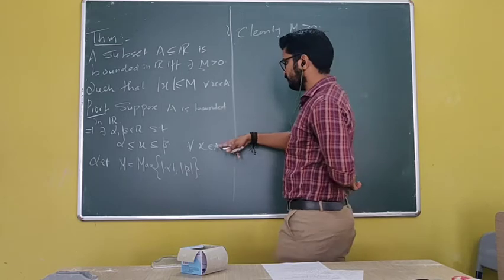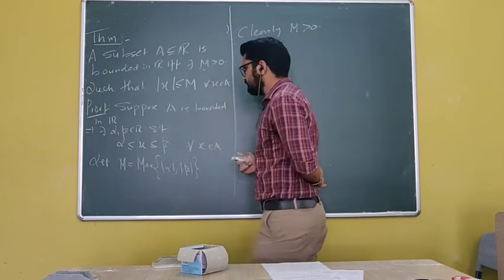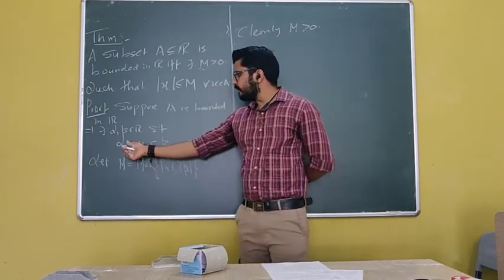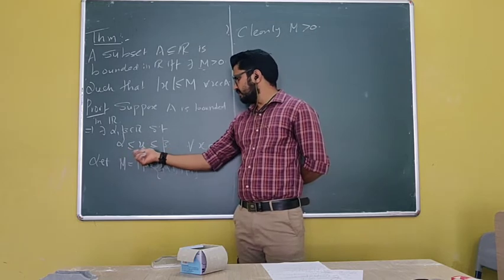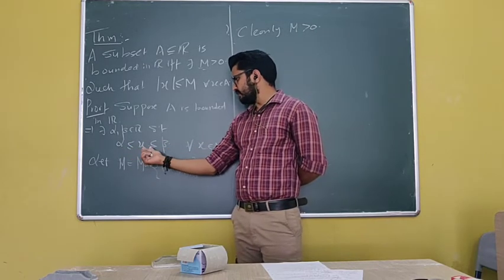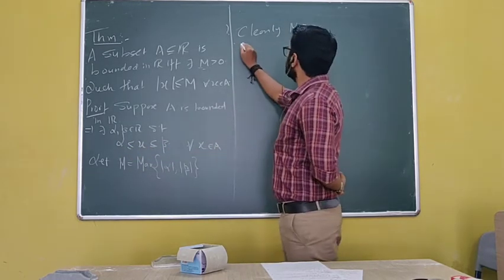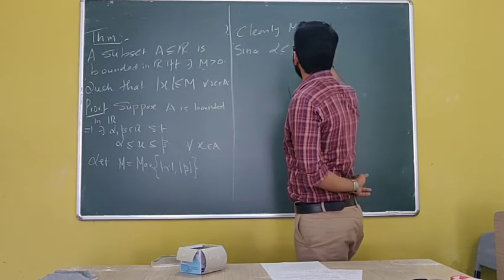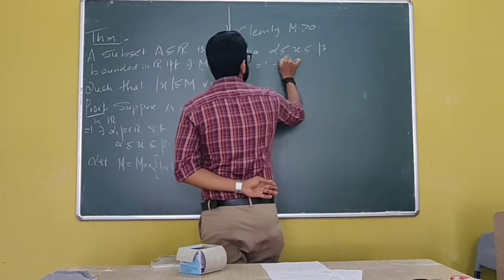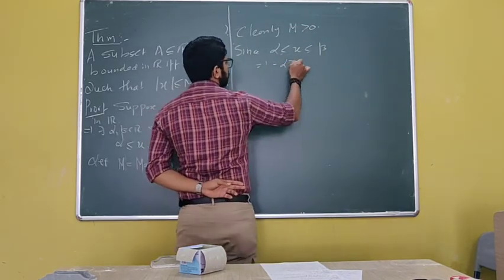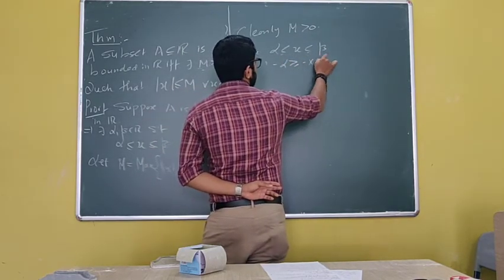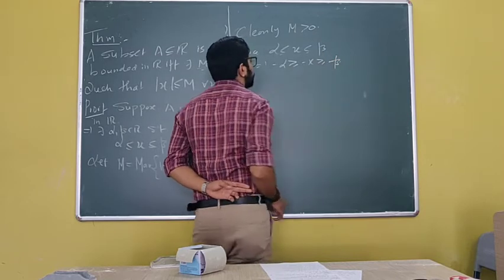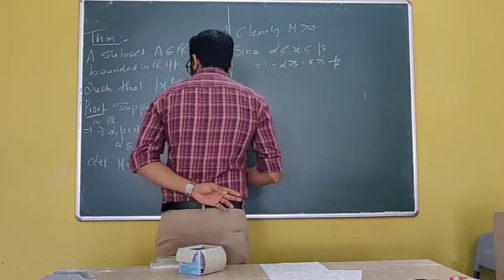Okay, first of all, let's consider this. If alpha is less than or equal to x, less than or equal to beta, then since alpha is less than or equal to x, less than or equal to beta, this would imply that minus alpha, if I multiply throughout by minus 1, I'll get the reverse inequality. That's one thing.